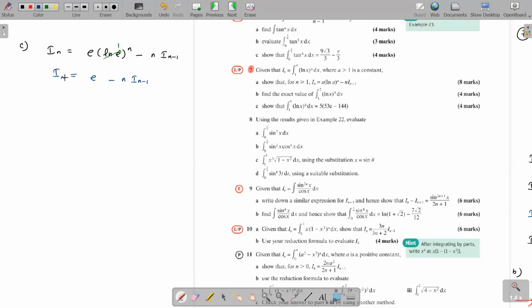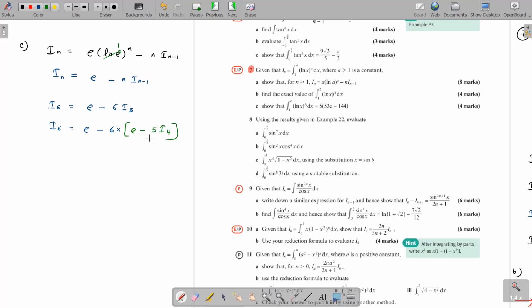Okay, is that okay? So now let's get the values of I1. So we need to get what? I6, right? So I6, let's work on this. I6 equals e minus 6, I6 minus 1 is 5, so I6 equals e minus 6 into I5. Replace again inside here: e minus 5 I4.